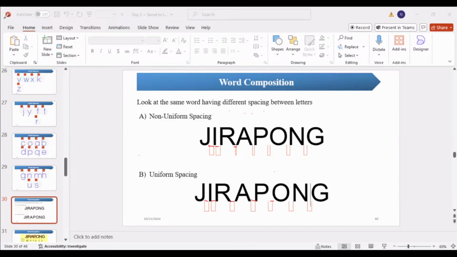So what is the preferred style in here? Which style do we prefer, non-uniform spacing or uniform spacing?